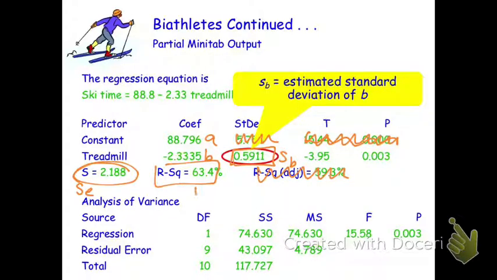This is my R squared. My degrees of freedom, I use the one next to the word residual error. And then I get rid of the rest of the stuff.